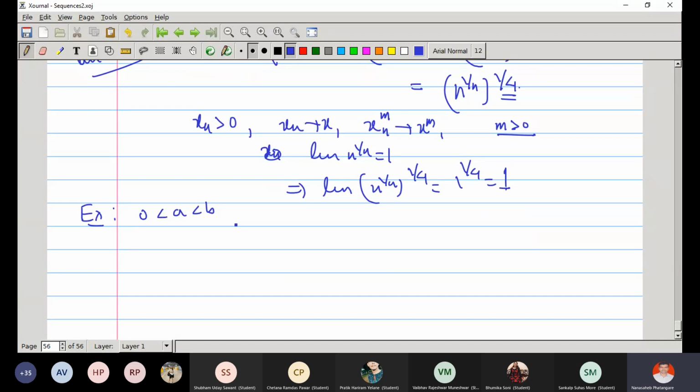Right. Suppose a is less than b and both are positive, and xn is equal to a raised to n plus 1 plus b raised to n plus 1 upon a raised to n plus b raised to n. Right, so this is my sequence xn.